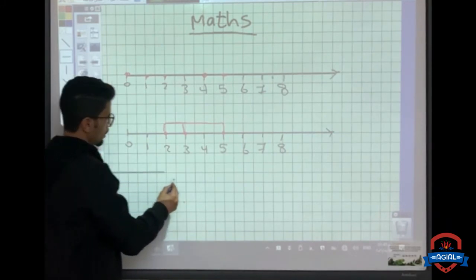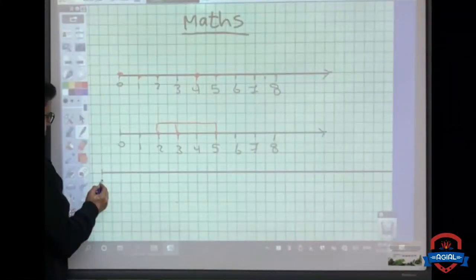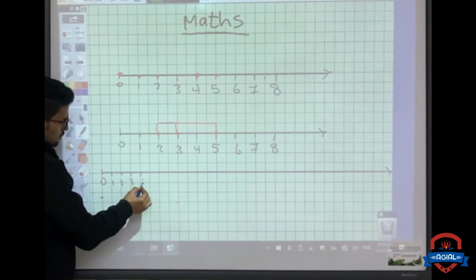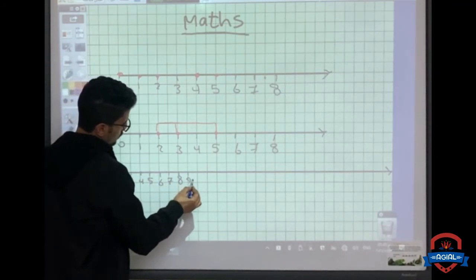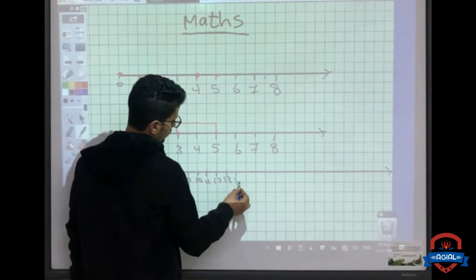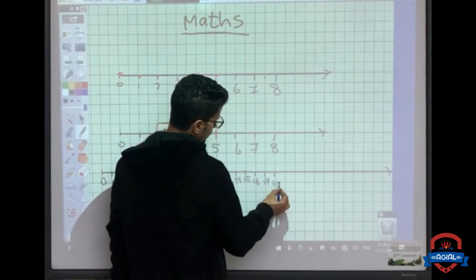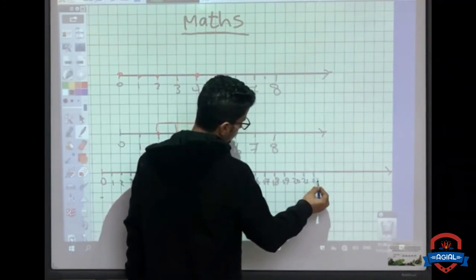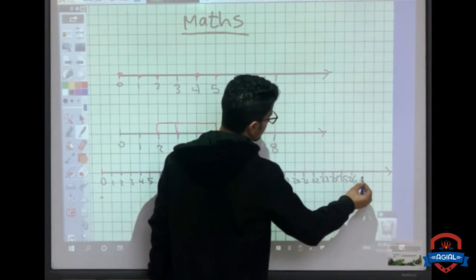Okay, this is the number line, and we start with 0, then 1, 2, 3, 4, 5, 6, 7, 8, 9, 10, 11, 12, 13, 14, 15, 16, 17, 18, 19, 20, 21, 22, 23, 24, 25, 26, and so on.